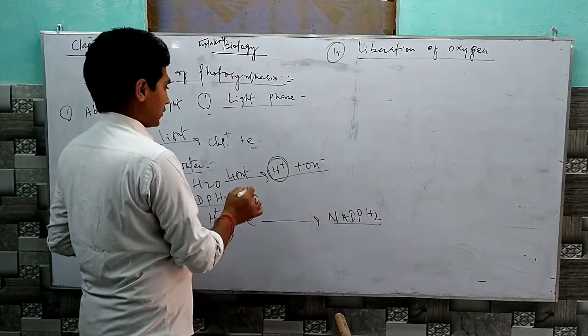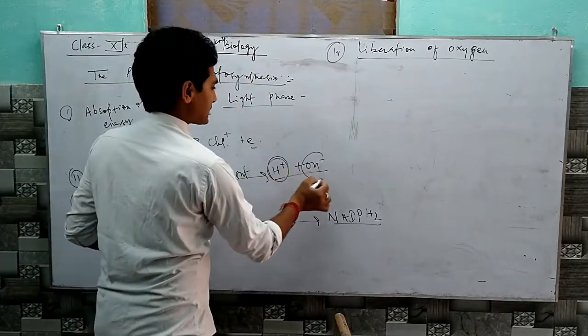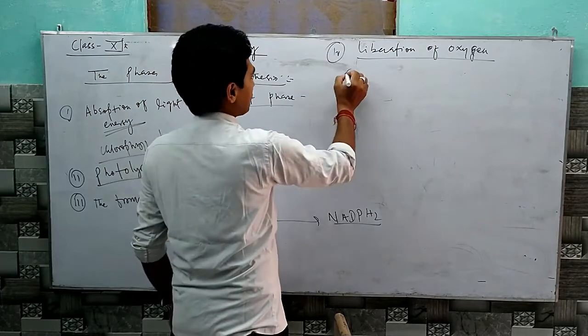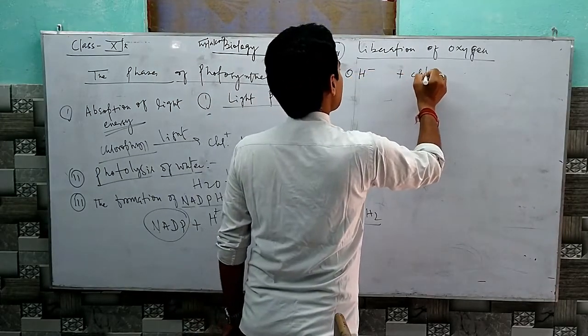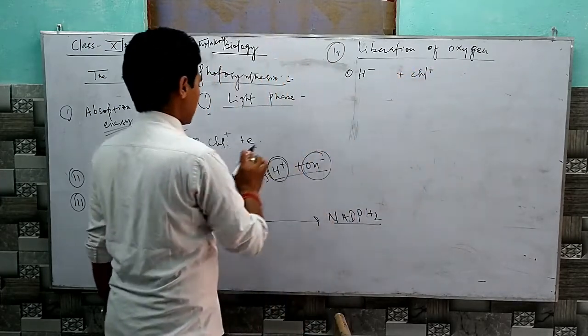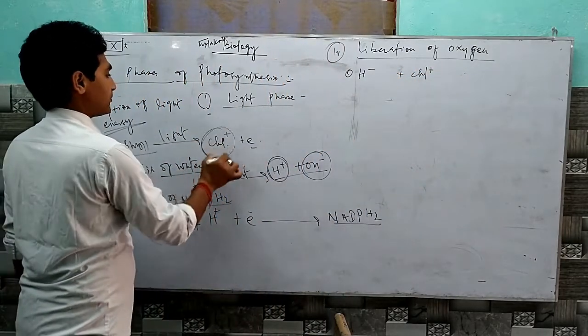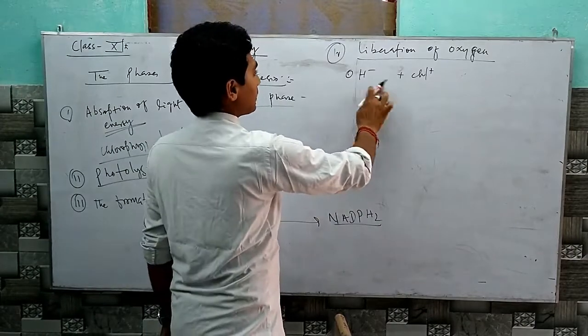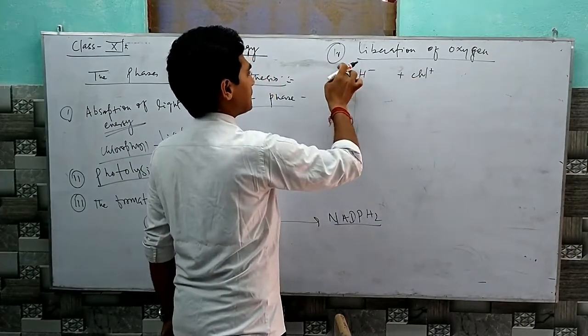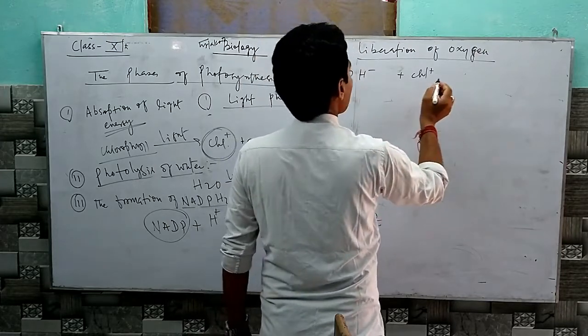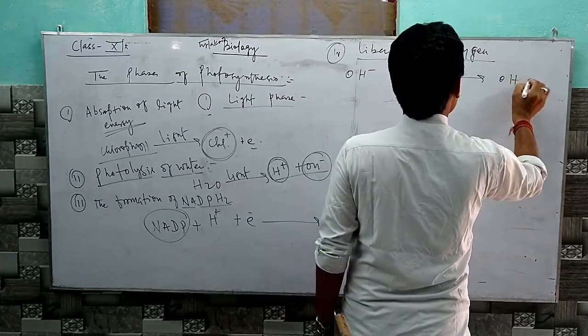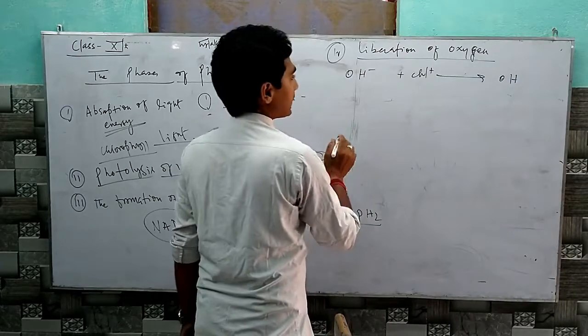The hydroxide ion OH minus is oxidized by the chlorophyll ion CHL plus, and OH minus is converted into OH radical.